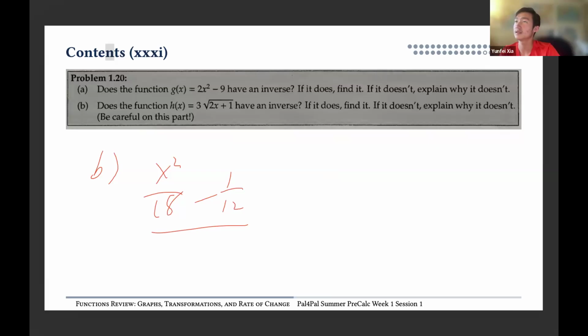There's supposed to be the square here, right? Yeah, it has to have a square here, right? Because this one is like a half parabola. So therefore the inverse has to be like another half of a parabola, right? Okay, that's good. That should be correct.